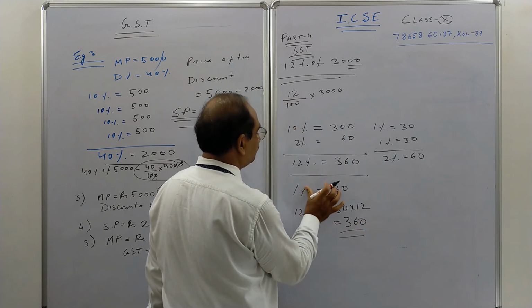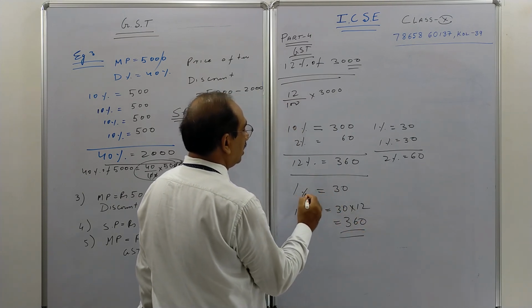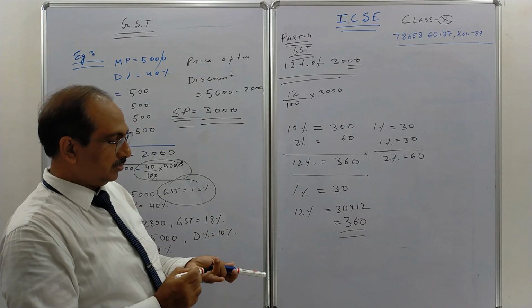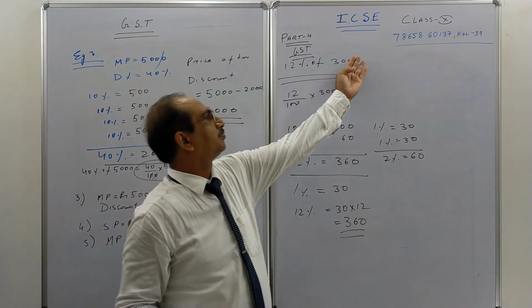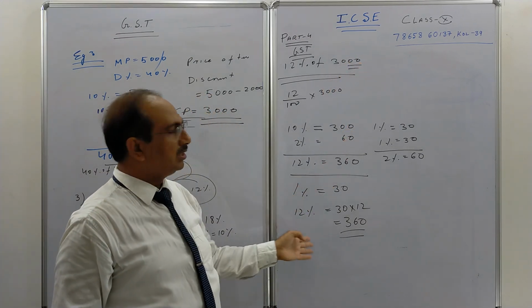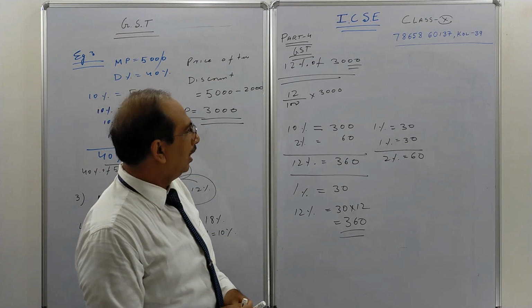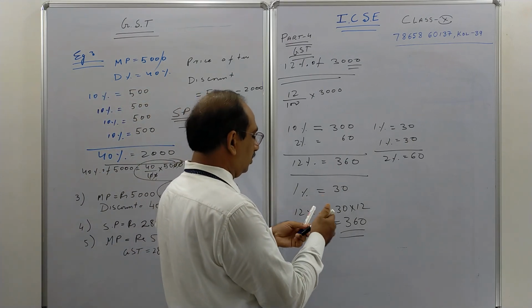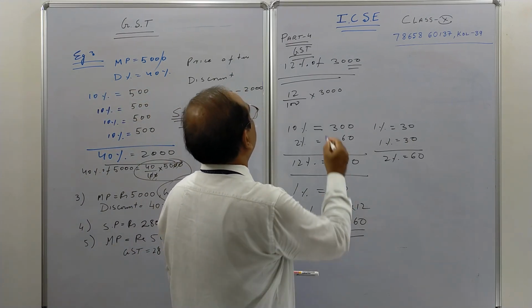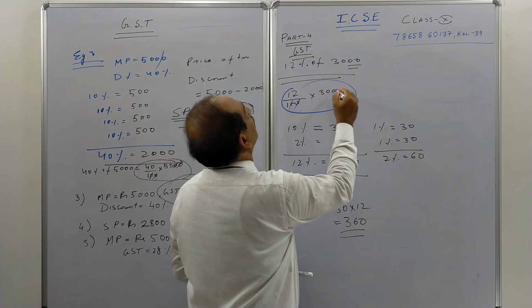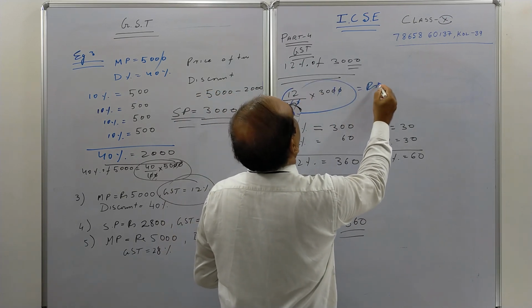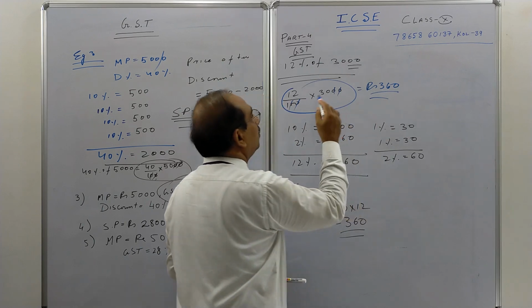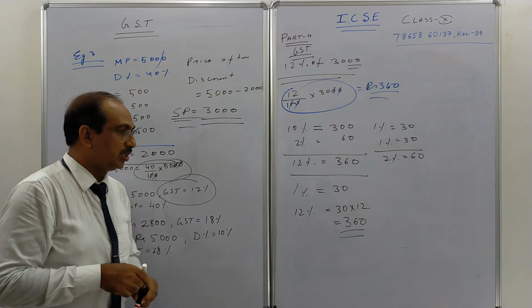Put a zero. I hope you will like this better than that. Once more, 1% is 30, remove two zeros. So 12% is 12 times. And the traditional method, already I told you, children, this is the traditional method we do, and we get the same answer. But you don't have a pen and paper when you go to the shop.